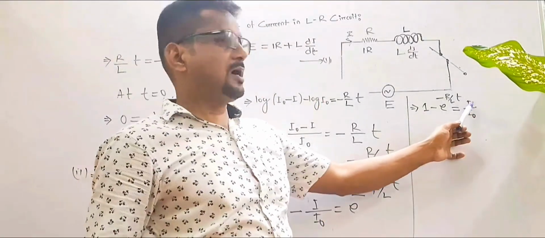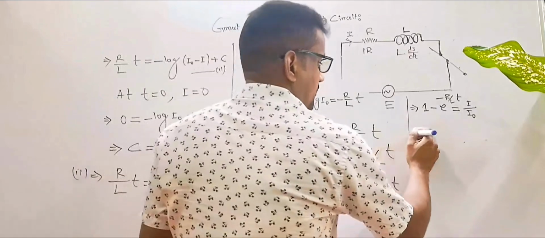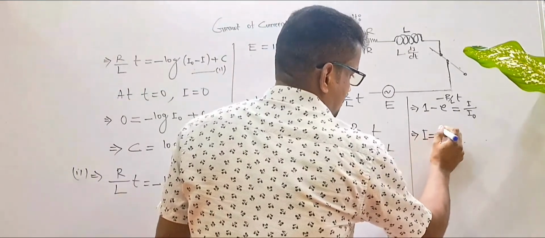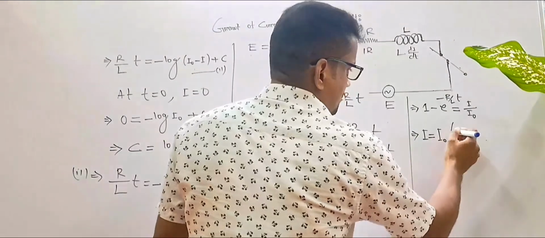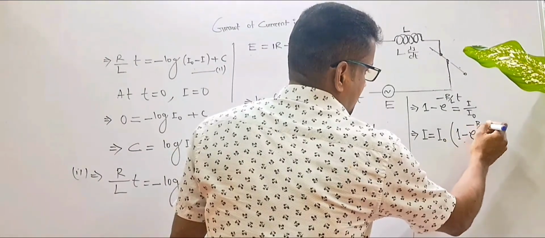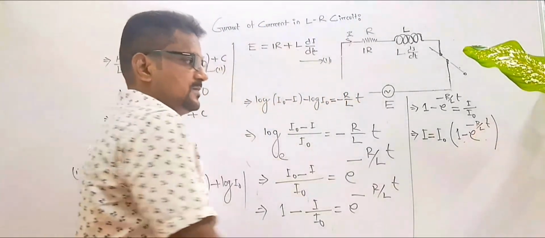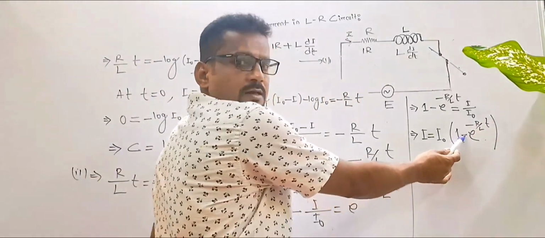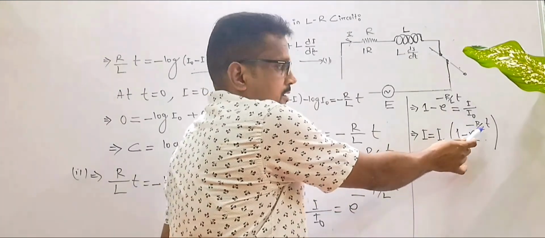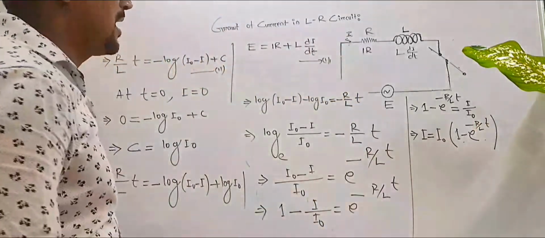Now easily you can see I will be I naught times this much. So from here, I is equal to I naught times 1 minus e to the power minus R by L times T. So almost we have got the expression for I.